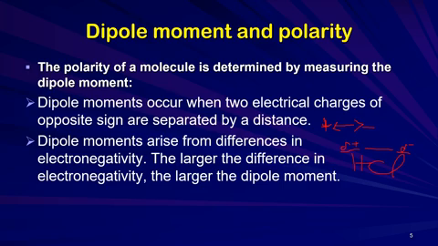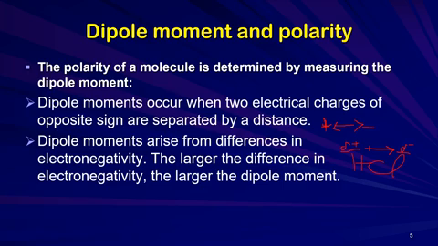a dipole moment. And in chemistry we consider this dipole moment to be moving from the partial positive pole to the negative pole because electrons are withdrawn from the less electronegative atom, which becomes partial positive pole, and to the more electronegative atom, which becomes the partial negative atom or pole.